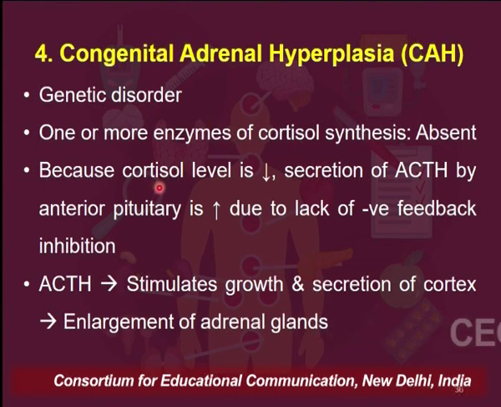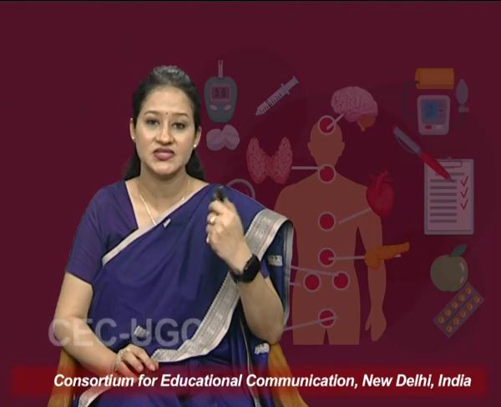Now, since the cortisol levels are low, there is no negative feedback to ACTH at the pituitary cells, and hence ACTH gets secreted in large quantities from the anterior pituitary. Now, what does this ACTH do then? It will stimulate the growth and secretion of the cortex, because of which the adrenal glands become enlarged. But there will be no secretion of cortisol because the enzymes are missing.